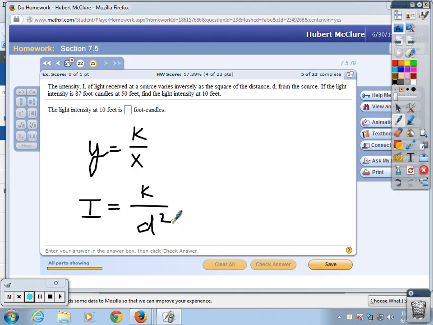You feel me? Because what does the sentence say? Square. I see that the intensity varies inversely with the square of the distance d. And I told you, when you see the square of, that means not square root, it means what? Squared.